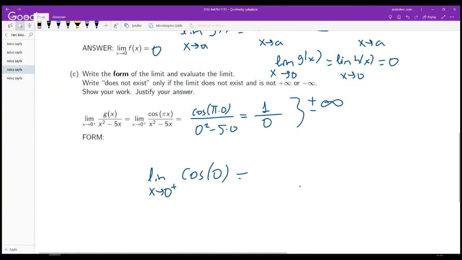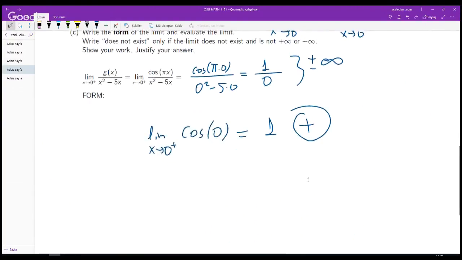It is, of course, 1. It's a positive value. The numerator is positive. Now the second one, x squared minus 5x, as x approaches 0, but right-handed limit. So let me write it like x times (x minus 5).